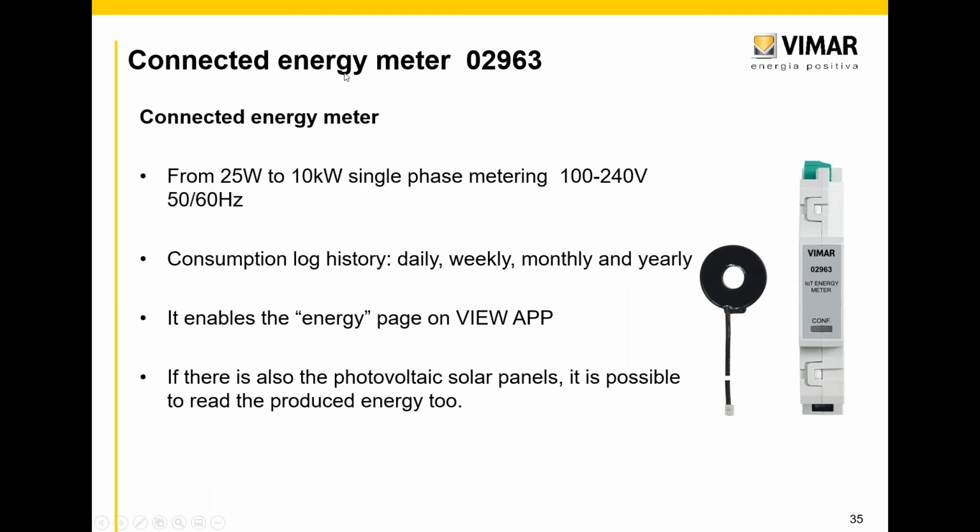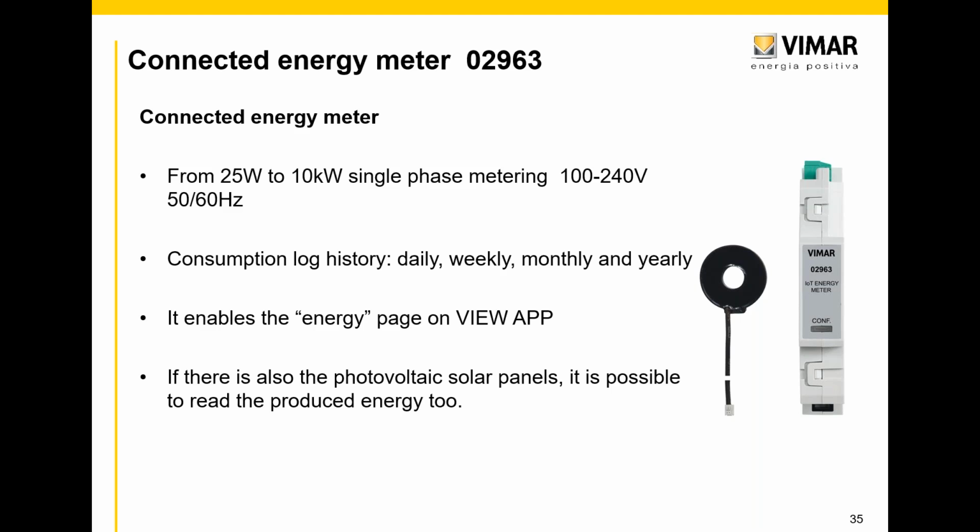Continuing with the product range, we also find the energy meter. As I introduced at the beginning, this is a very good product to be aware of the real-time consumption, but also the history of consumption, in order to be conscious about the use of energy in your home.